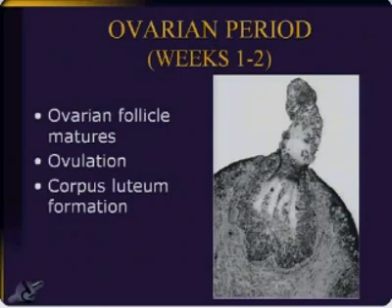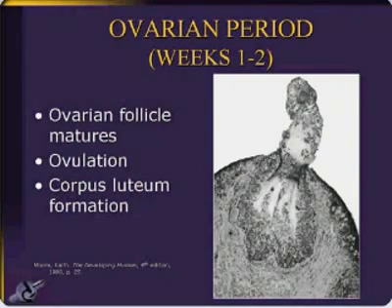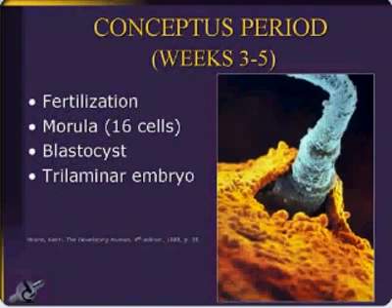Now, everyone knows that the human pregnancy is 40 weeks. But of that 40 weeks, for the first two, the woman's not actually pregnant. We date the pregnancy based on the last menstrual period. So the first 2 weeks we call the ovarian period, where the follicle matures, the egg is extruded, and the corpus luteum forms. Now, at roughly day 14, we have fertilization.